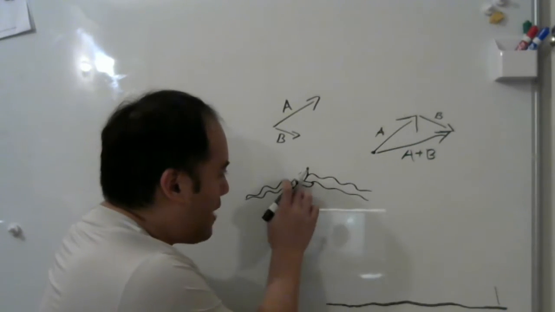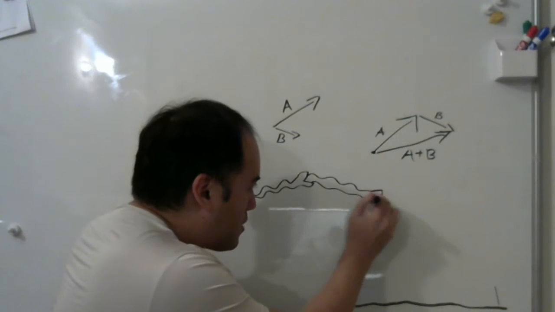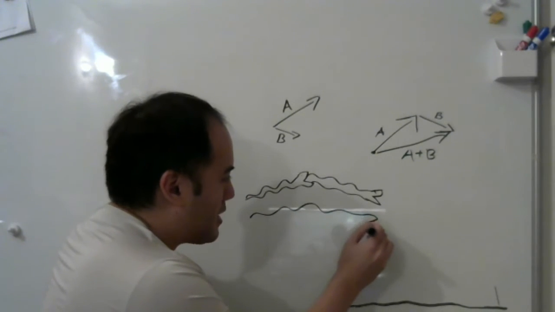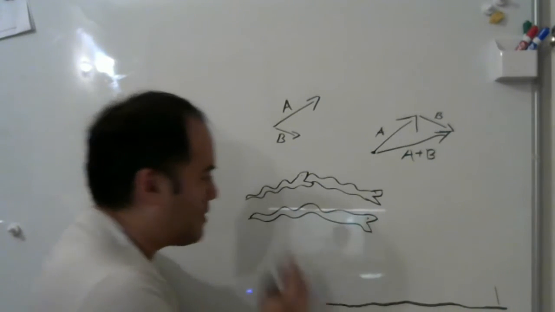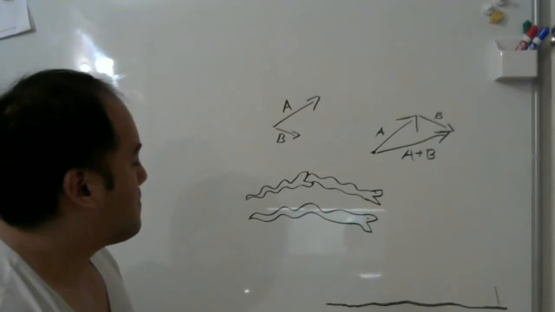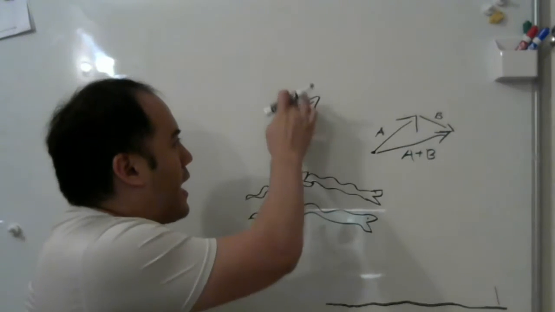And then the mouth of this snake and the tail of this snake will fuse together and they'll become just one big snake. That's how snakes work. That makes sense to me. That seems right. To add vectors, you take the tail of one vector and add it to the head of the other.